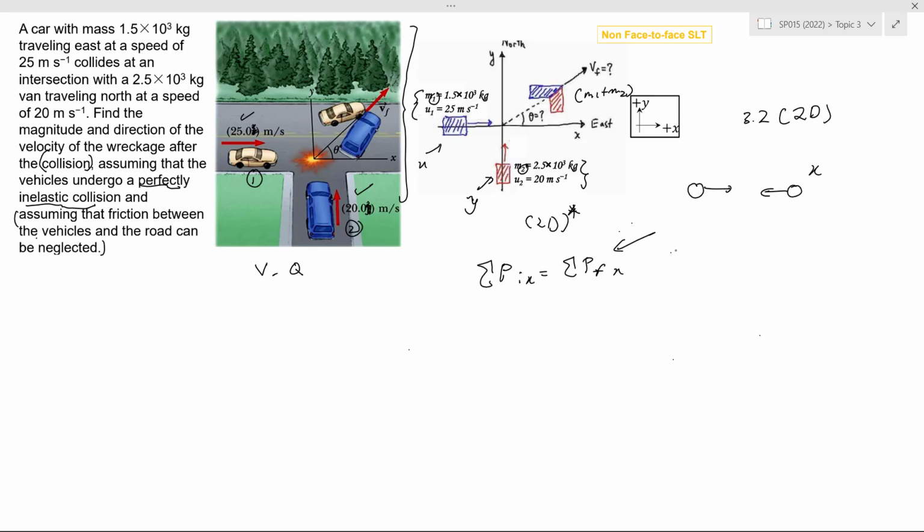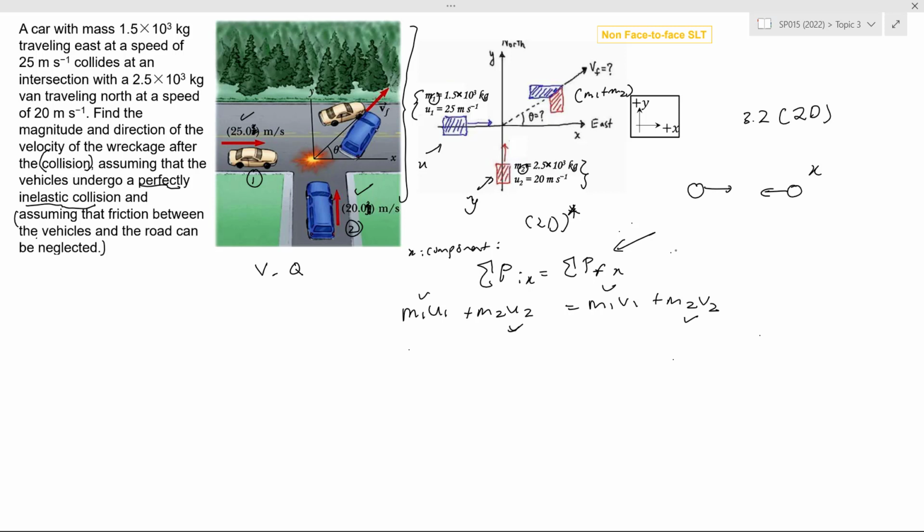Okay, so now let's see for the X component. Nampak tak? I dah specify untuk X component. So P initial X, P initial Y. So dalam X, saya tahu saya ada M1 U1 plus M2 U2 sama dengan M1 V1 plus M2 V2. So now, ini adalah dua objek saya, objek pertama dan objek kedua.